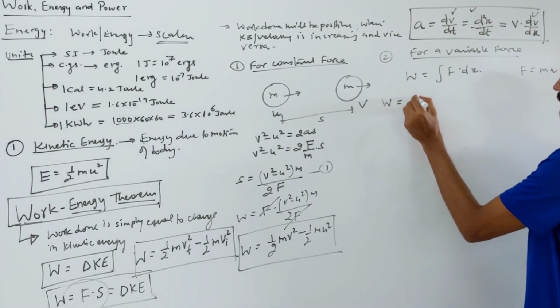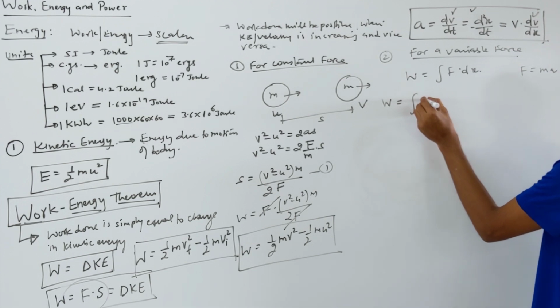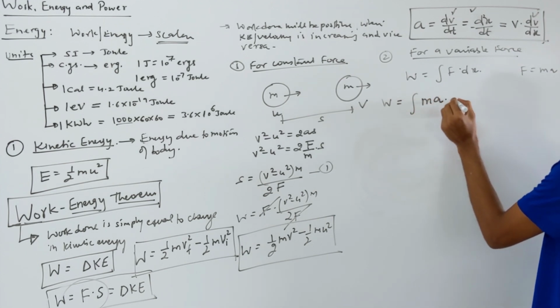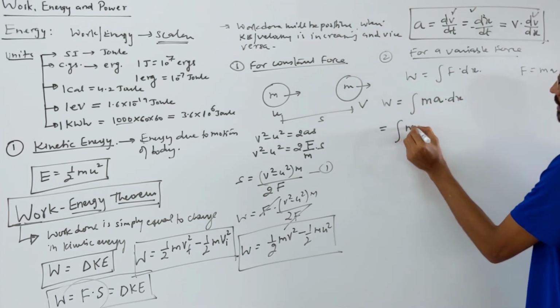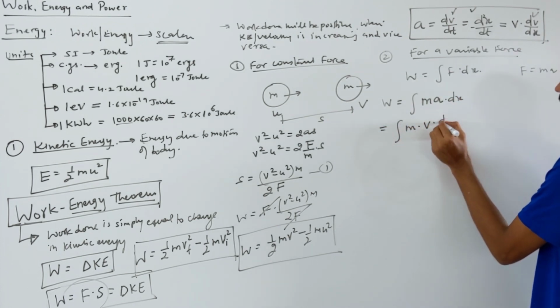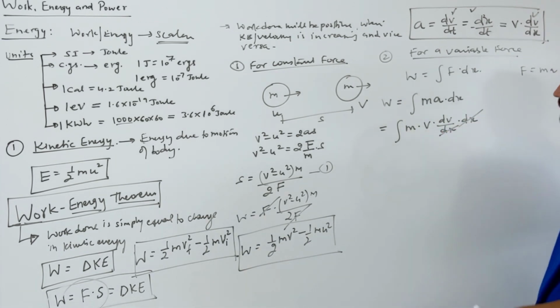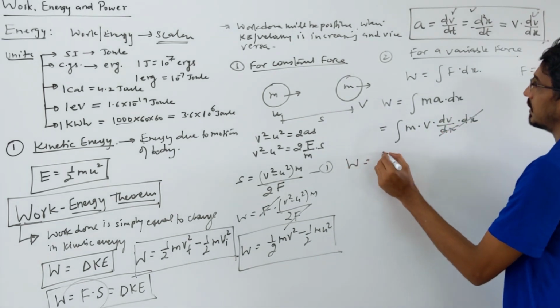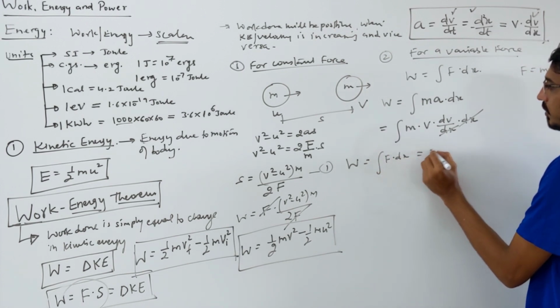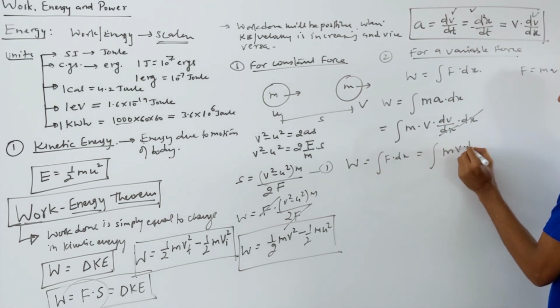On putting these values here, F is ma into dx. Acceleration we write as v into dv by dx, so that into dx, the dx cancels. So work done, which is equal to F dot dx, is also equal to m v dv.